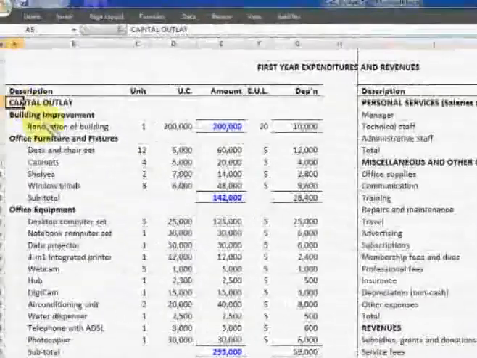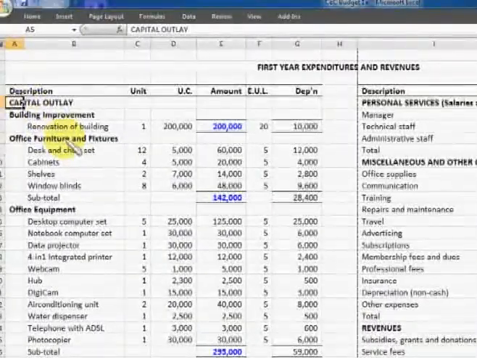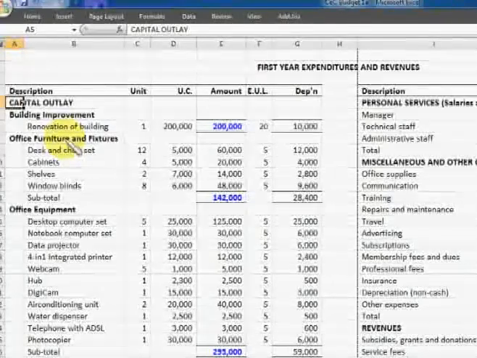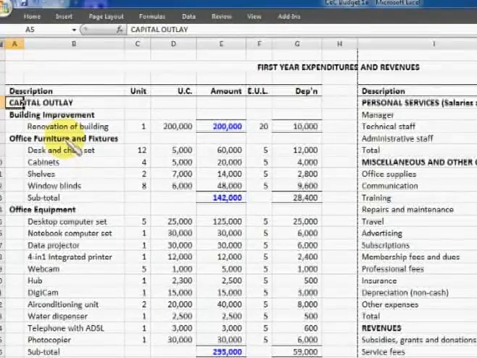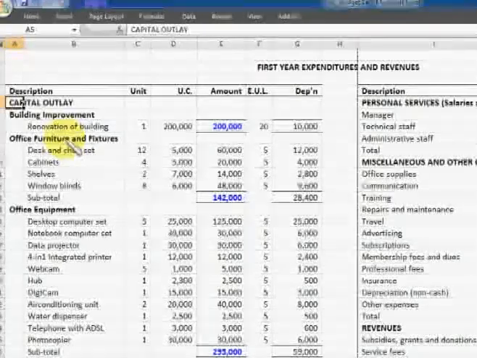Now, you will note that the categories that are used in this presentation are somewhat similar to the categories used by local governments under the national government accounting system.